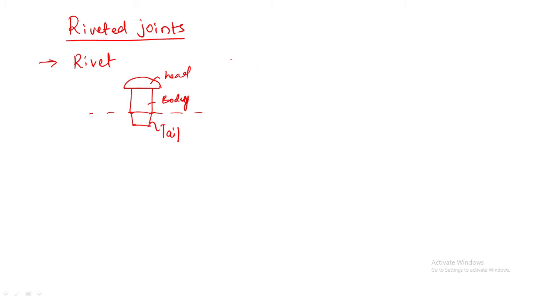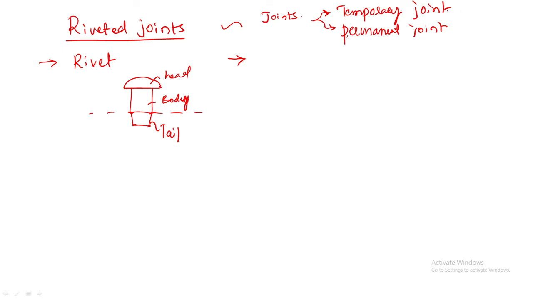Before we start riveted joints, I think you have come across two types of joints in theory: temporary joint and permanent joint. A temporary joint is one where you can easily assemble and disassemble. Examples are screw, bolt and nut, and some clamping.